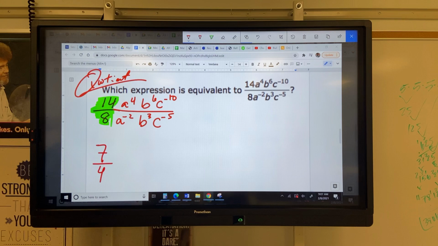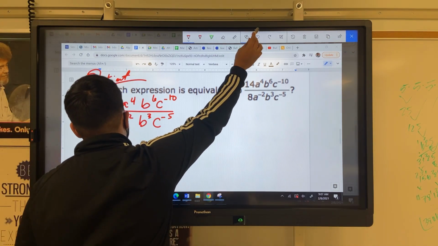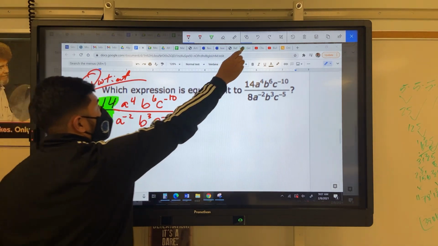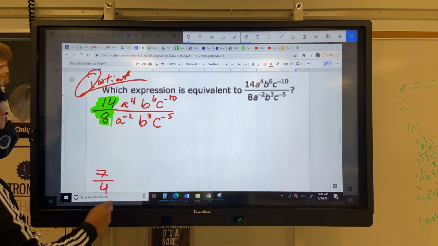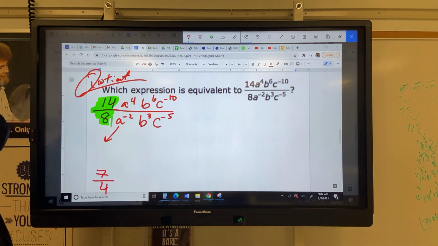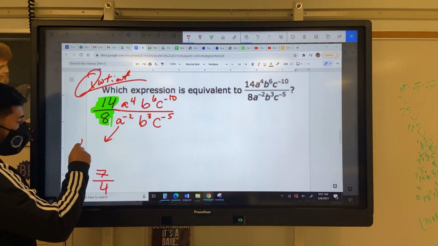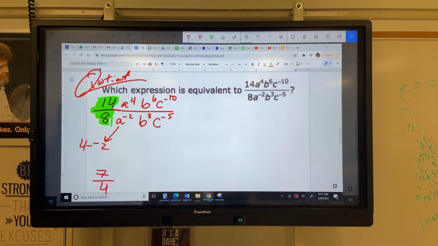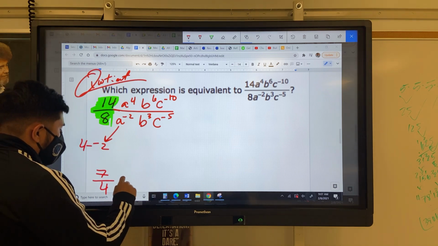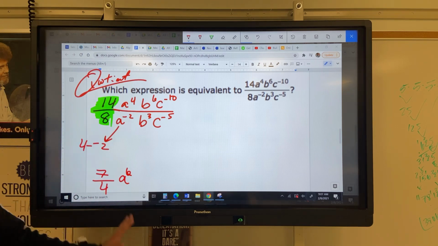And then we start doing good stuff. Let me rewrite that a little bit better. 7 over 4. What do I do with these exponents? Go back to the top, subtract: 4 minus -2. 4 minus -2 is going to give me A to the 6. There's a fraction, I'm going to talk about it right now.